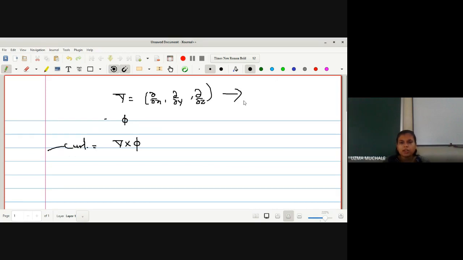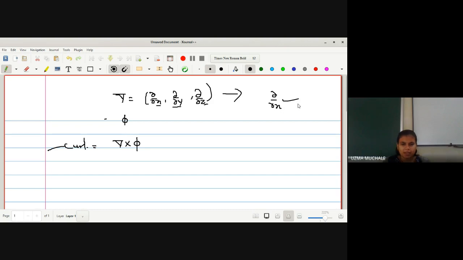Now this is what you are going to find out: the rate of change in x, y, z direction simultaneously. What do you mean by dou x? It is the rate of change in x direction, correct?